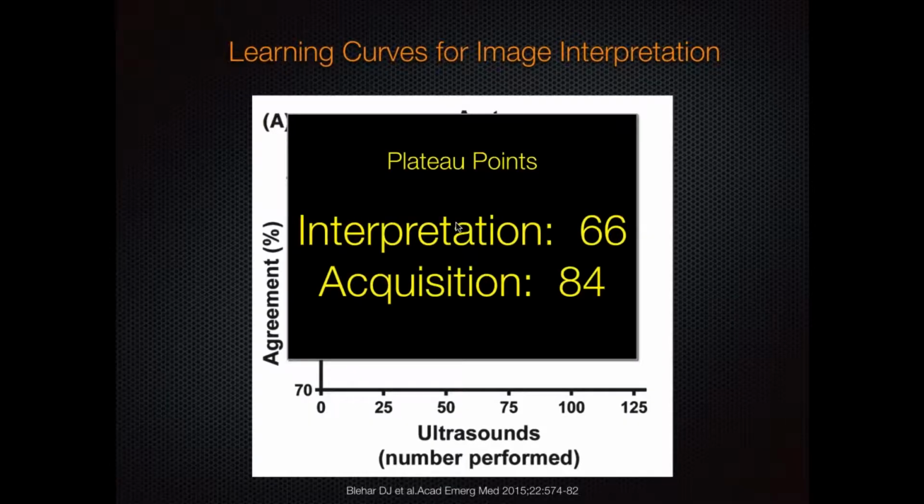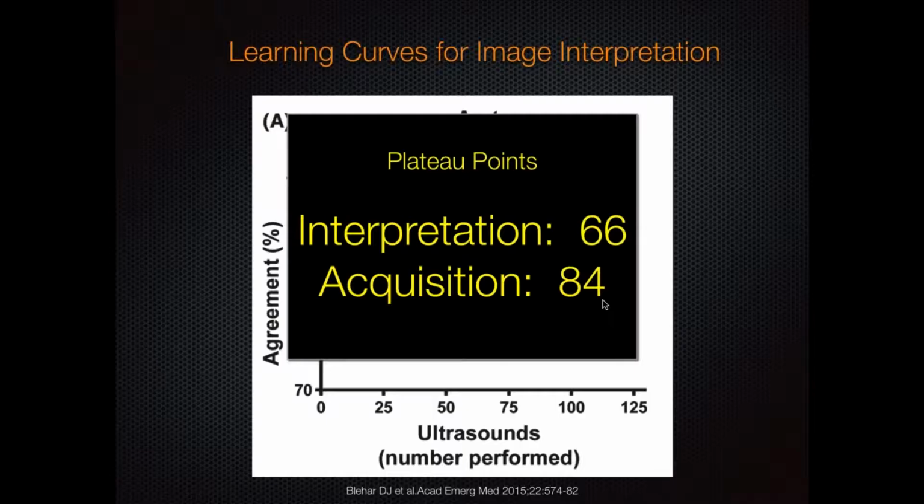So in this study, what they found was that on average the interpretation starts to plateau, meaning that learners will be interpreting about 66 scans before they can correctly identify findings, roll in or roll out findings. And in terms of actually acquiring the scan, it plateaus at much higher, at 84 scans.